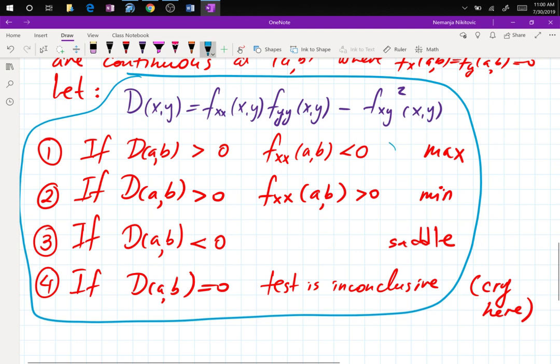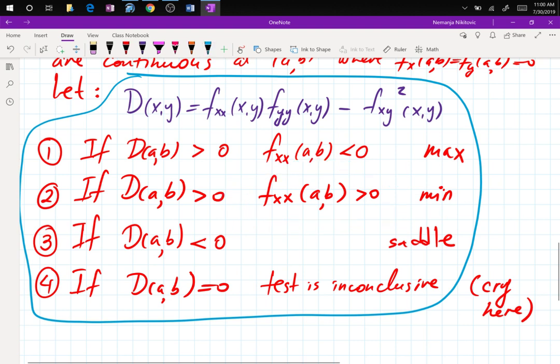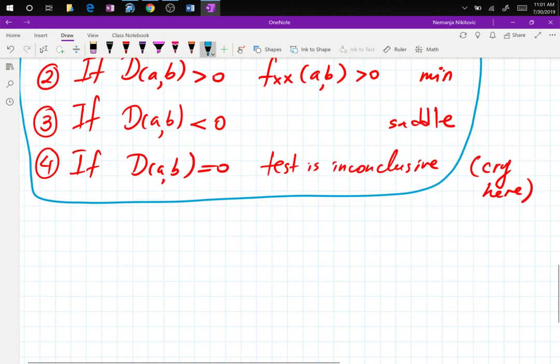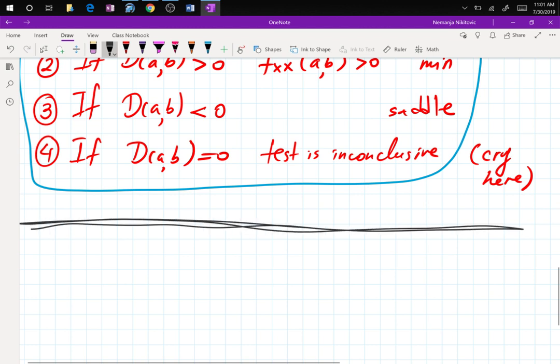When something is concave up, it has a minimum. So all of the things that you learned in Calculus 1 are still the same. The only thing that's new now is this annoying formula, and it's just really good luck with calculations, because the systems that we have to solve sometimes tend to be really annoying.